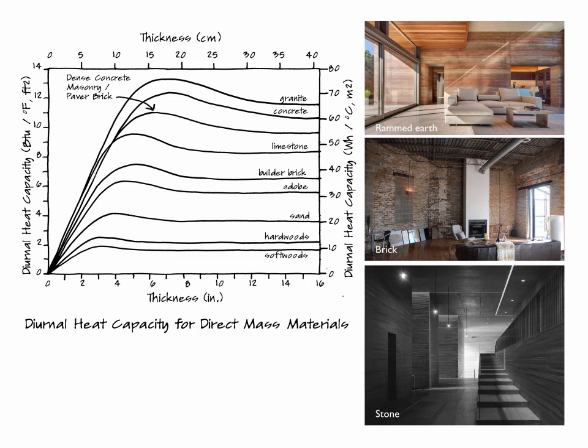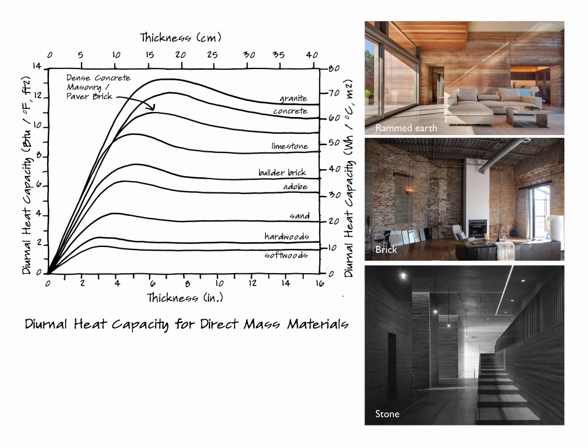And the second part of this title is for direct mass materials. We're going to make the distinction that we made earlier. Remind you here that direct mass means mass that is in the room which is heated by the sun. It does not have to be heated directly by the sun. It does not have to have the sun shining on it, but it is in a direct gain room, or it's in some other way heated by the sun.